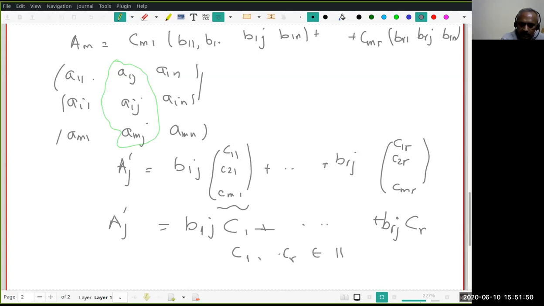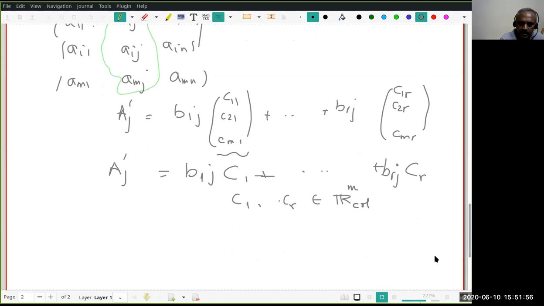They live in the column space R^m. This is a column vector, right? So a_1 dash, a_2 dash, up to a_n dash, there are n column vectors. They are all linear combinations of only r many column vectors, namely C_1, C_2, C_r.